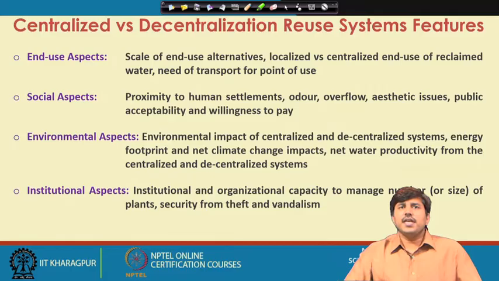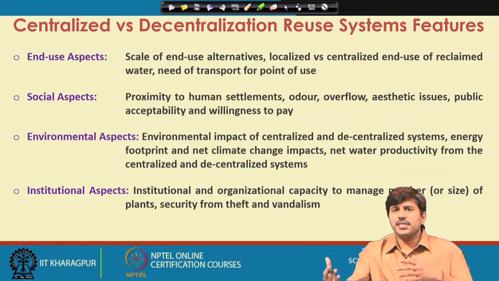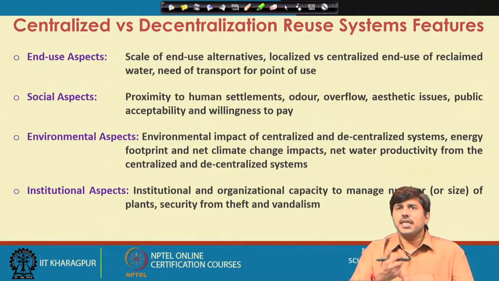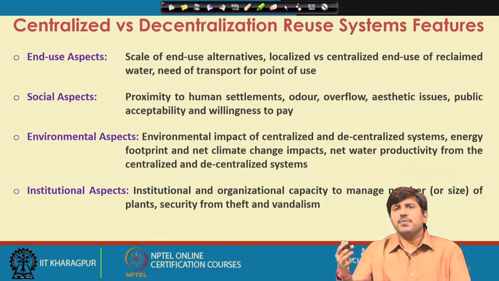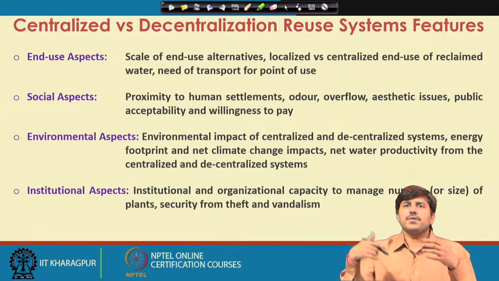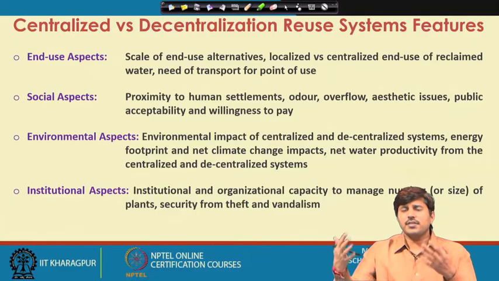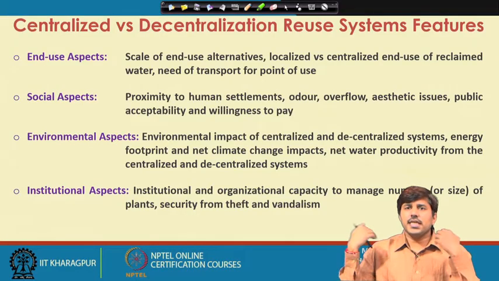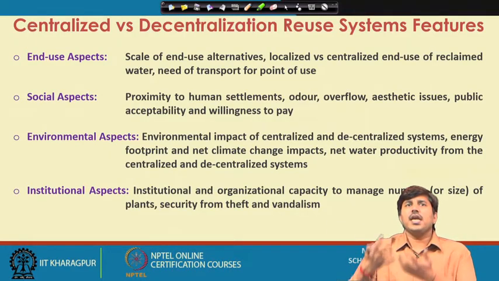So, the scale of the end use alternatives: whether we want end use to be at a localized scale or a centralized scale. If your end use is going to be on a centralized scale, for example in Singapore, NEWater treats the sewage and then augments its domestic water supplies. Since it augments the domestic water supply, it is a kind of centralized end use.